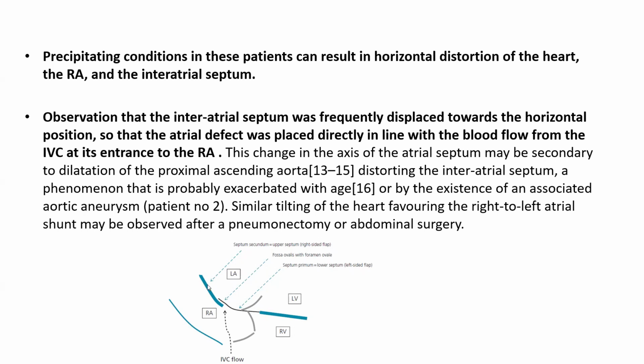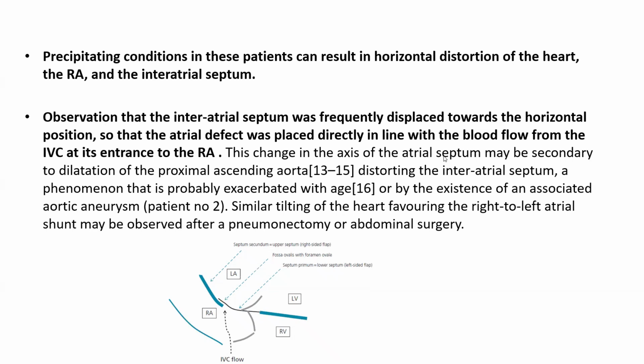So anything that distorts the septum horizontally or tilts it posteriorly puts it in the stream of the IVC flow. In those papers, there is an observation that the interatrial septum was frequently displaced toward the horizontal position so that the atrial defect was placed directly in line with the blood flow from the IVC at its entrance to the RA.